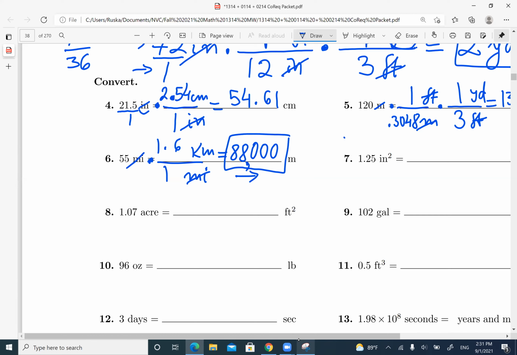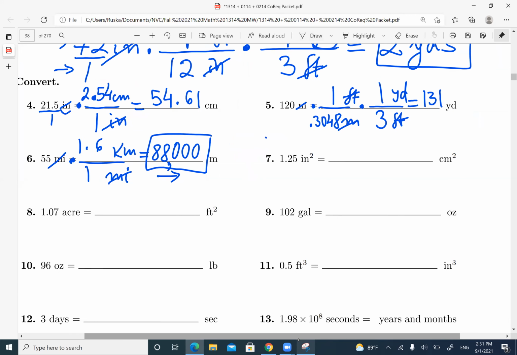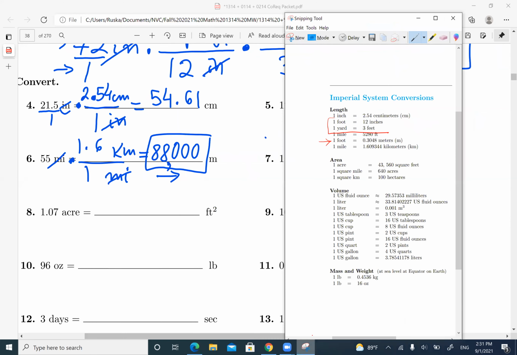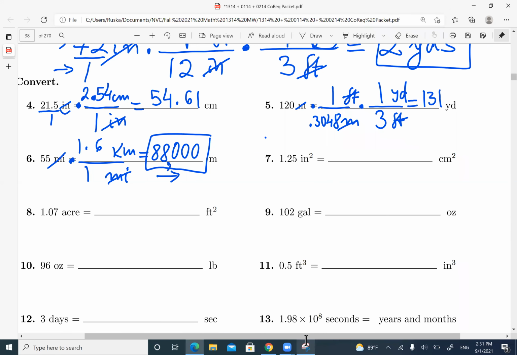Okay, then let's do number 7. We have inches square to centimeter square. So here we're going to multiply by inch to centimeter, which is 1 inch is 2.54. But you have to square the units. So 1 inch, 2.54 centimeters.